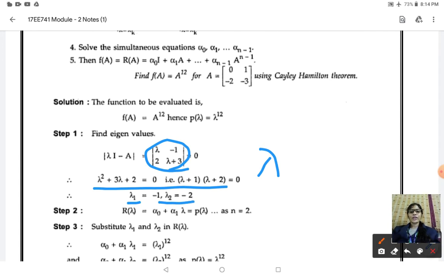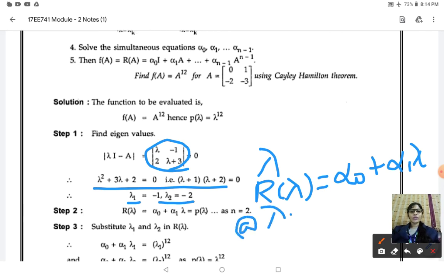Then you need to identify your remainder polynomial r of lambda. Here how many eigenvalues are there? Two eigenvalues. So the remainder polynomial will have only two terms, which is equal to alpha naught plus alpha 1 into lambda. Okay. Now in this remainder polynomial, at lambda 1 is equal to minus 1, what is your remainder polynomial equation?